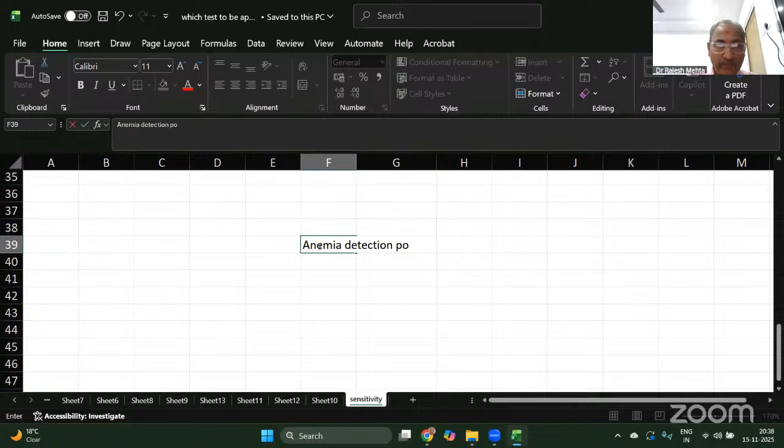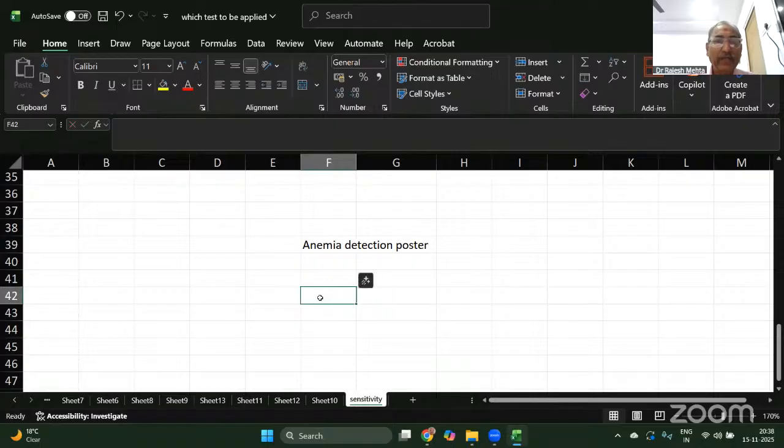And I hope you have seen this poster. The same poster, I want to use it for increasing and decreasing sensitivity. Basically there's a mirror in between, and surrounding it are photographs.